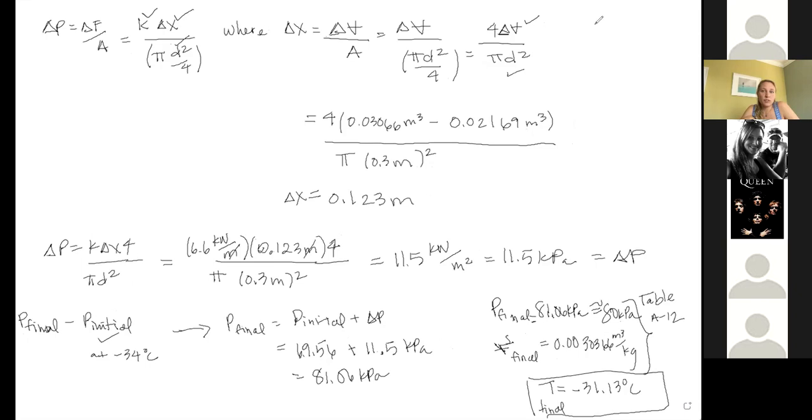So when I had my specific volume final, it was 0.030366 cubic meters. And the definition of specific volume is volume over mass. Right, and then you divide it by 0.1. Oh, you're right.